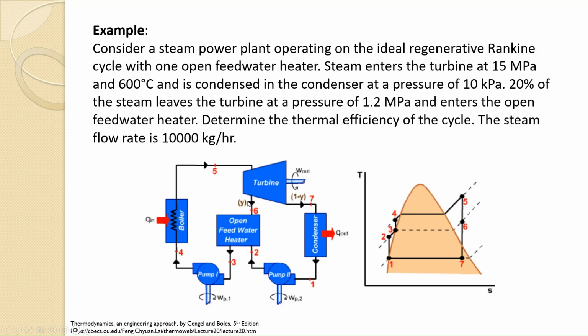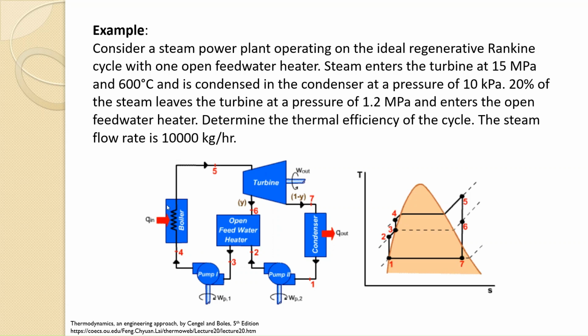Let's assume that we extract 20% of the steam and add it to this open feedwater heater. The pressure of this extraction stream is 1.2 megapascal, and we want to determine the thermal efficiency of the cycle.